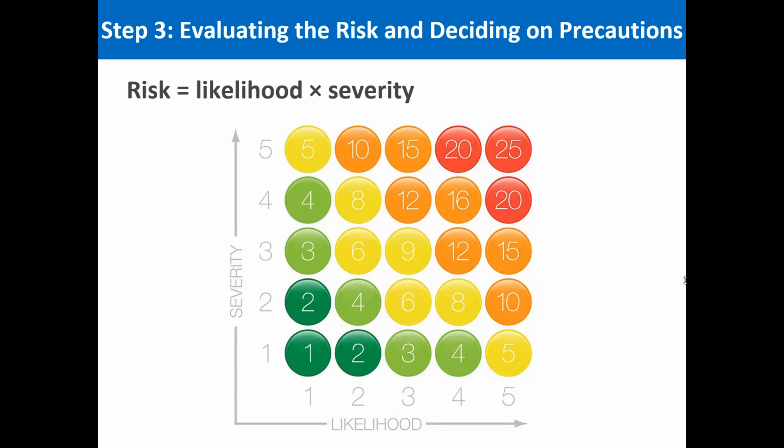I will give you 5 minutes to write down the likelihood and severity of H2S and give it a risk rating. Similarly, write down the likelihood and severity of a driving accident and give a risk rating to driving. Then tell me which one is a greater risk, driving or H2S.